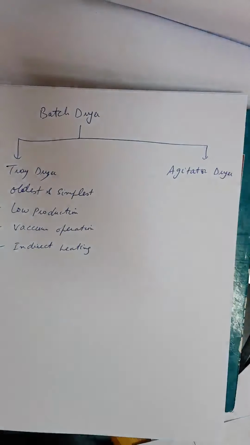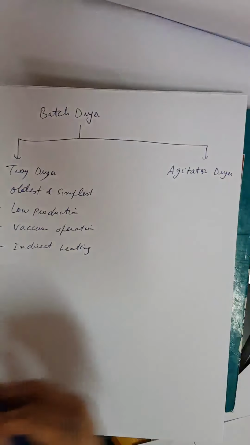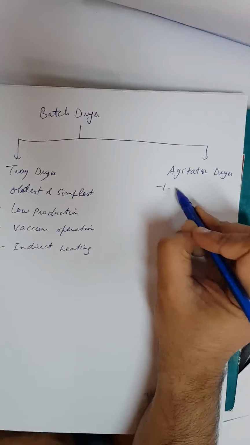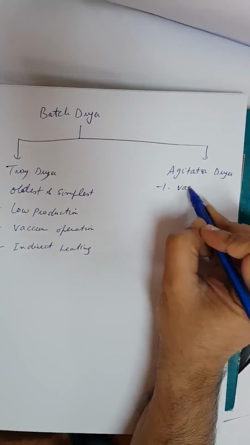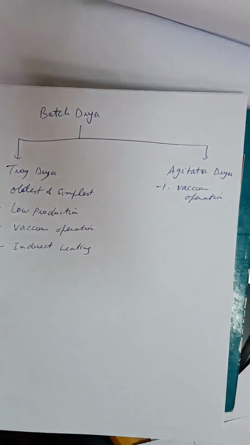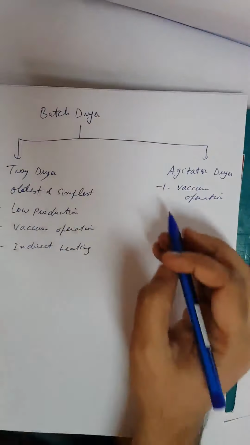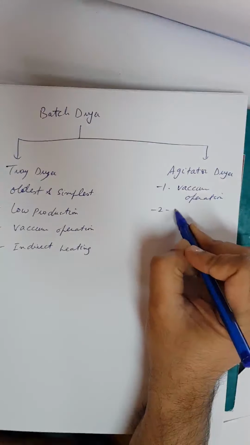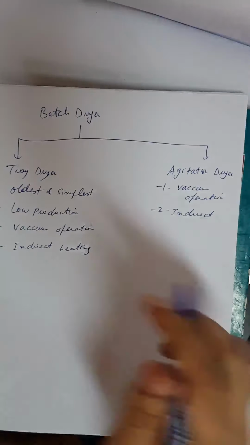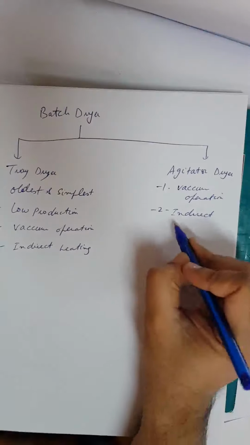So if we talk about the agitated dryers, agitated dryers also, of course, usually operate under vacuum. So indirect heating also, with agitation.